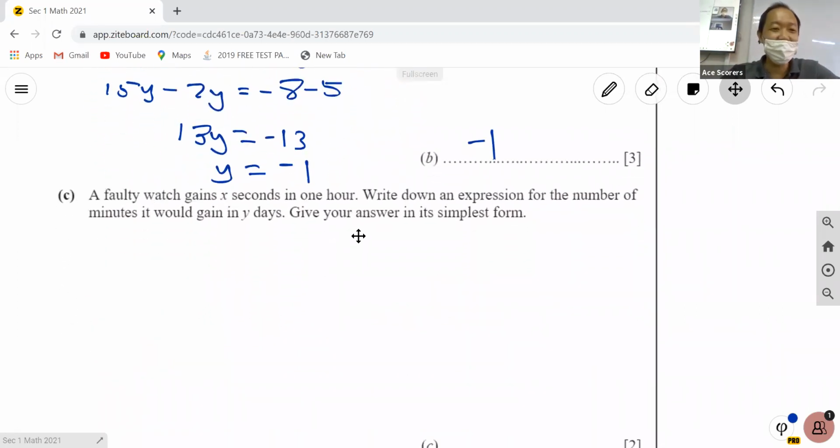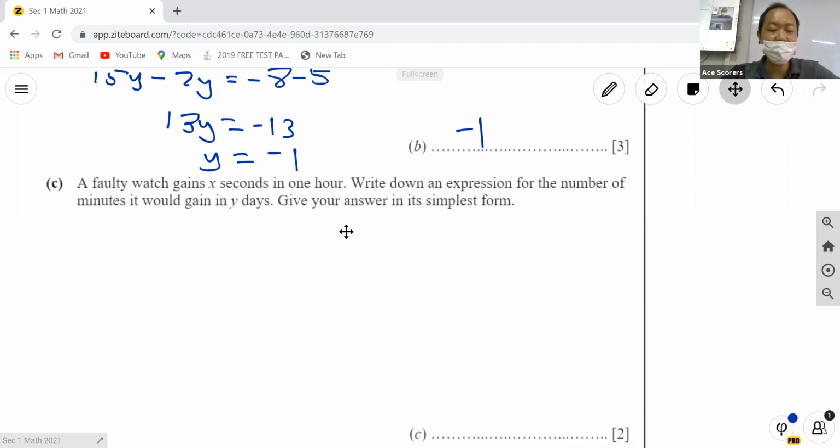Okay, so the clock gains x seconds in 1 hour. Write down an expression with the number of minutes in y days. So in 1 hour it gains x seconds. One day has 24 hours, right?